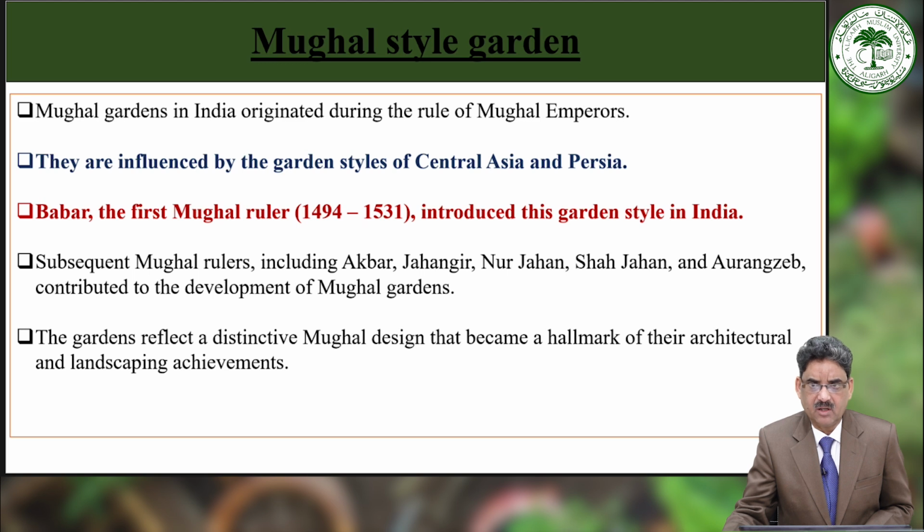Babur, the inaugural Mughal ruler, between 1494 to 1531, introduced this garden style to India, and successive rulers including Akbar, Jahangir, Noor Jahan, Shah Jahan and Aurangzeb played roles in advancing Mughal gardens.